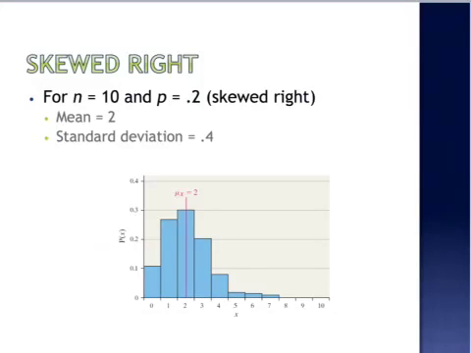If you look at the histogram, you can see that 2 is definitely the most common, and as you get higher and higher, you get less and less probability of successes. And you can see that this is skewed right. This makes sense because if the probability of success is only 0.2, you should see most often successes around 2, 3, or 4, and that's what we see in the histogram.